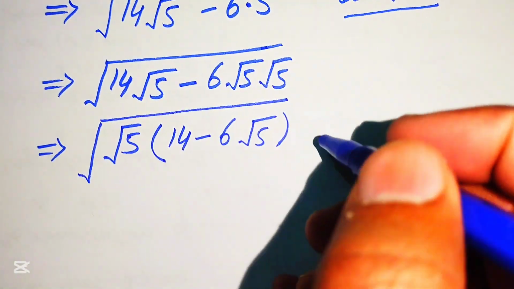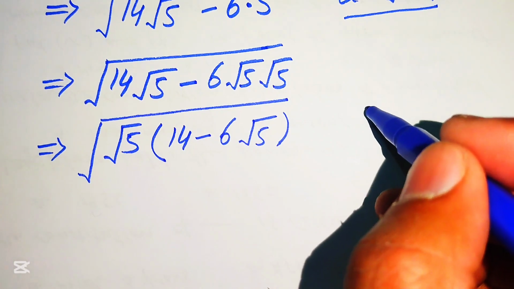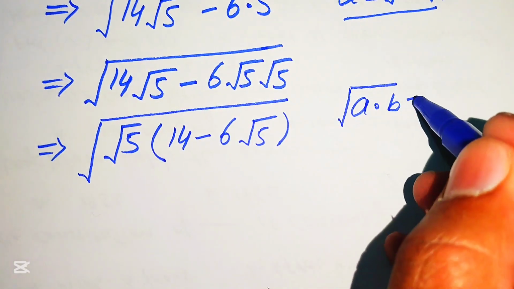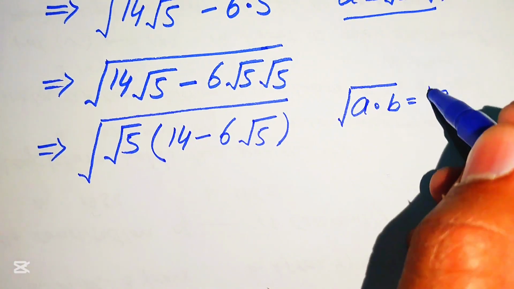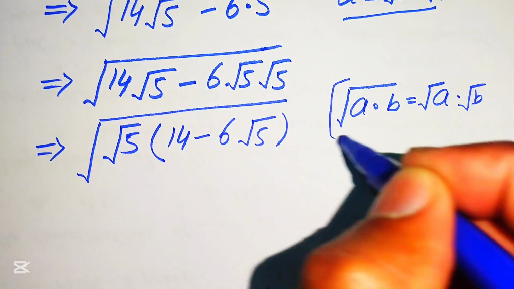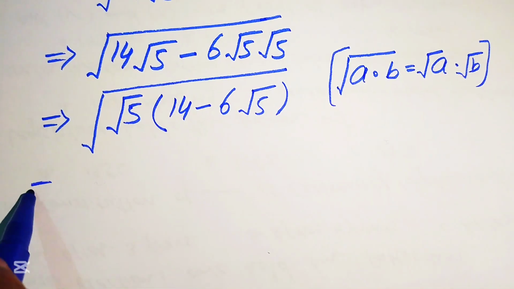Okay, so here we can apply the radical law. You know that if we have a multiplied by b and its square root, we write it as the square root of a into the square root of b. So according to this radical law we will rewrite this expression in this form.